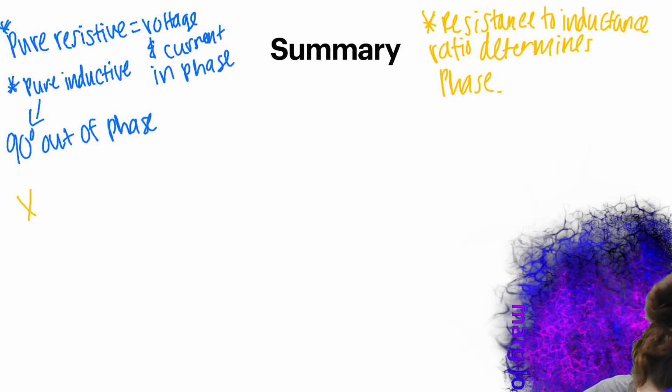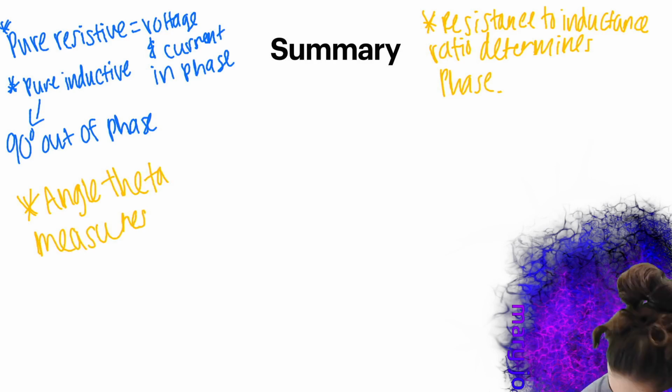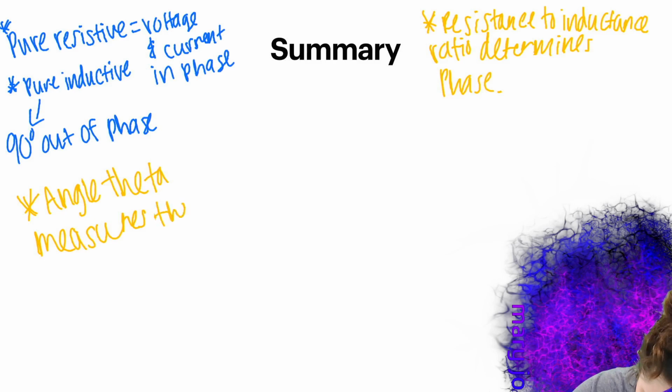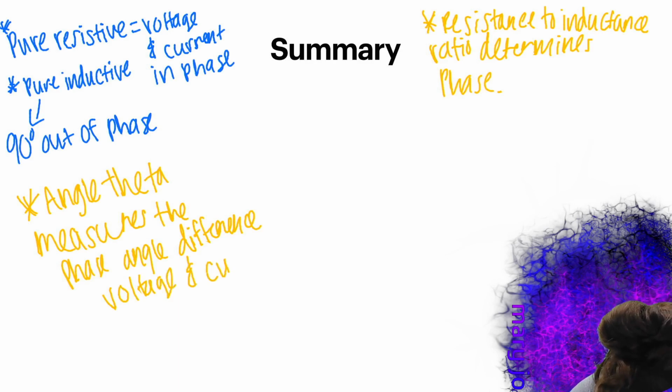So we'll write that one down. Angle theta measures the phase angle difference between applied voltage and total circuit current. So voltage and current.